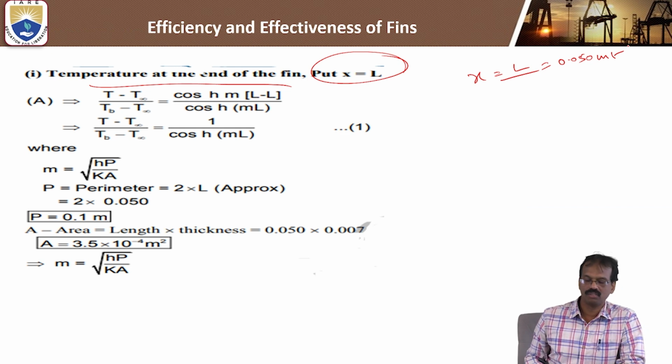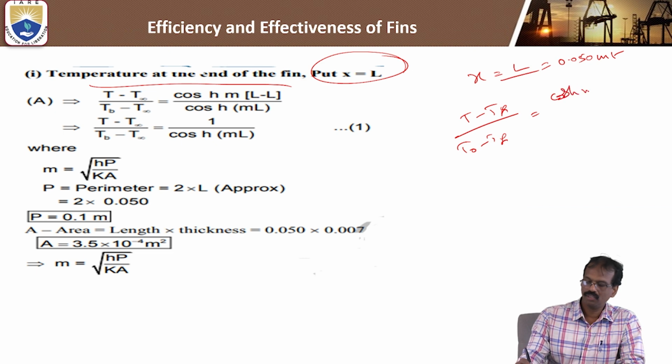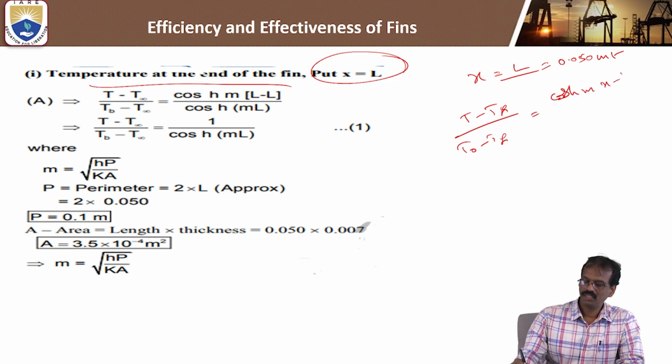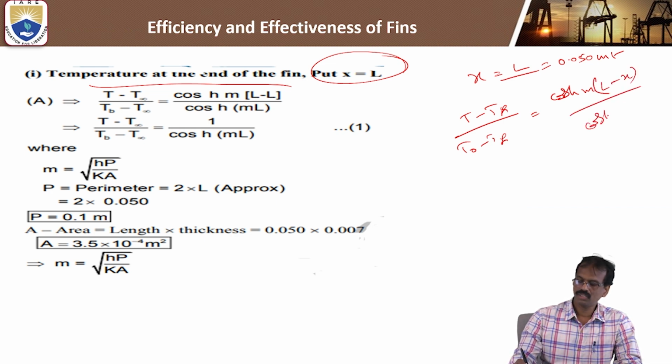You know that temperature formula: (T minus T infinity) by (T naught minus T infinity) is equal to cosh m(L minus x) by cosh mL.